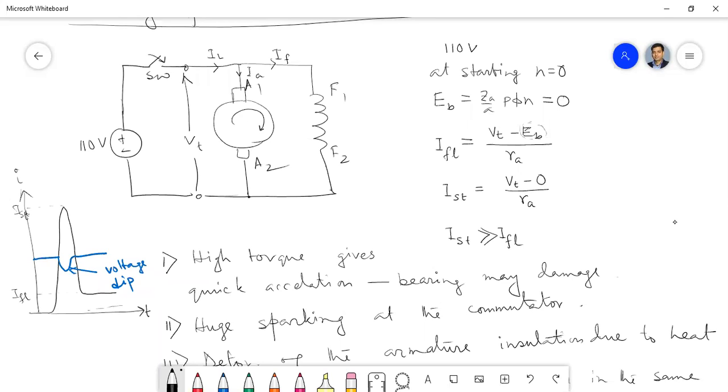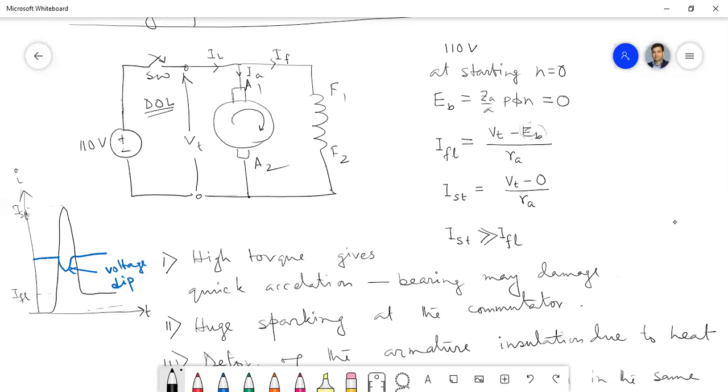This type of starting is called direct online starting, DOL, of the machine. But due to this direct online starting of the machine, this type of problem may arise. Therefore, this is not recommended for a DC shunt motor.